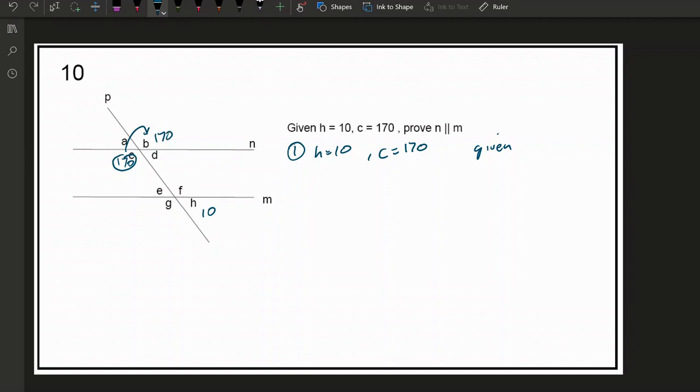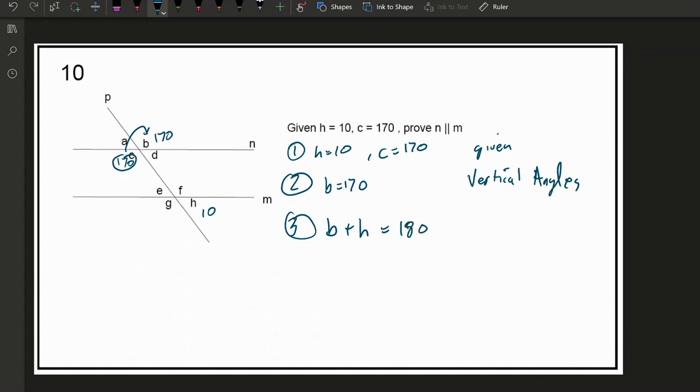I know those are equal because they are vertical angles. So I would say B is 170 because of vertical angles. And now I can say for step 3, B plus H is equal to 180. Because we added them together, I can say that's algebra.